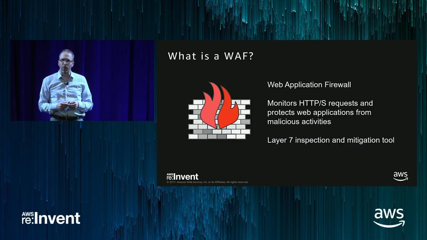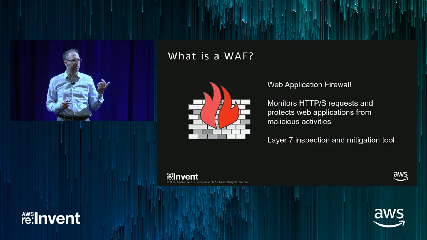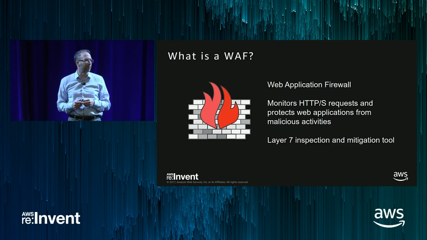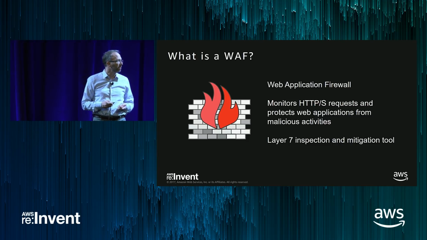And a web application firewall is simply a proxy layer that you put in front of your web application to monitor HTTP or HTTPS requests and to essentially separate, through a series of filters, the good traffic from the bad traffic and prevent malicious requests from hitting your web application, either for purposes of stealing content or trying to do SQL injection attacks, those types of threats, or also just floods where there may be denial of service attacks. So again, it's for layer 7 inspection and mitigation.